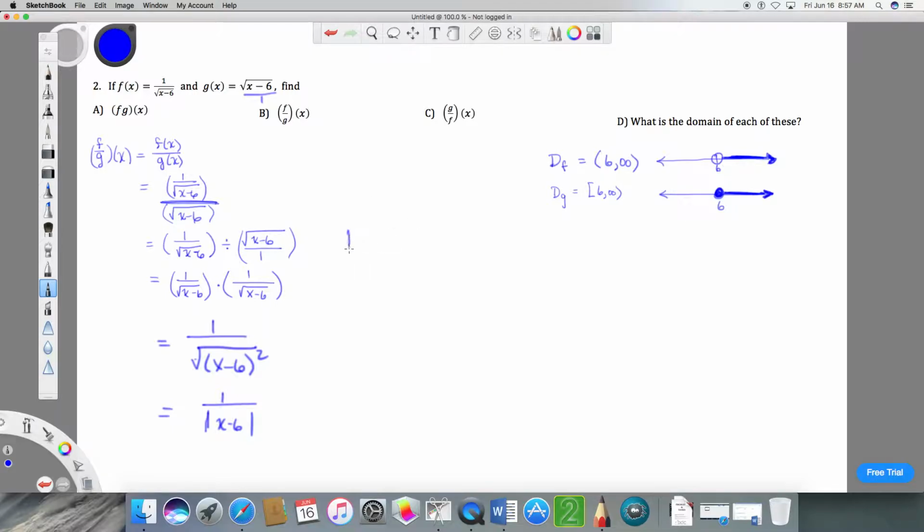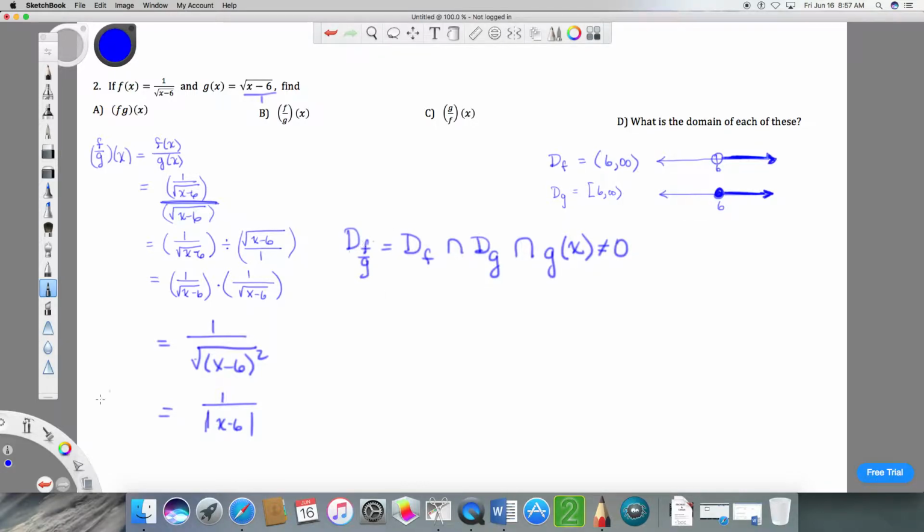All right, so let's find the domain of this f over g. The domain of this f over g starts out in the same way as finding the domain of part A, and that's to take the domain of f and intersect it with the domain of g. But we have this added restriction that we need to avoid values of x where the denominator is equal to 0.